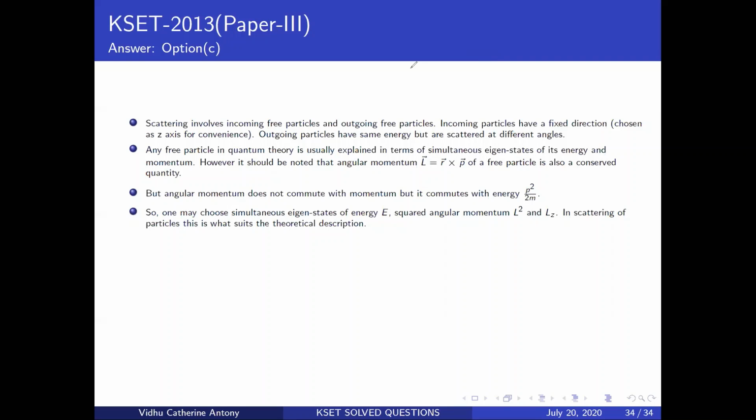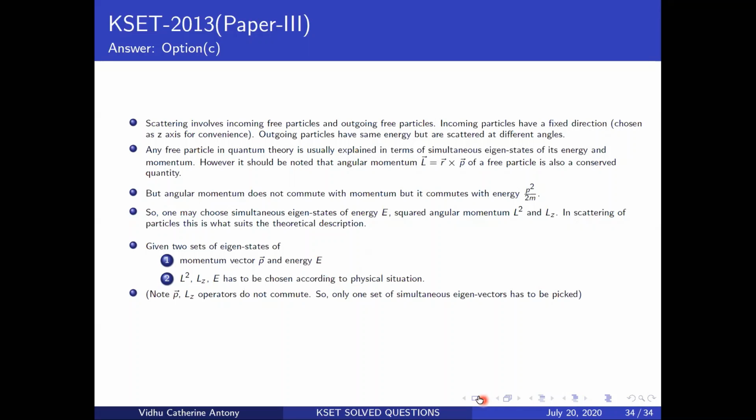So you can either take momentum and energy, or you can take L square, Lz, and E. This depends on what kind of system you're looking at. Here, if you're looking at a scattering system, taking your L square, Lz, and E is more preferable. Also remember that even your P and your Lz do not commute, so out of these two, only one can be picked.